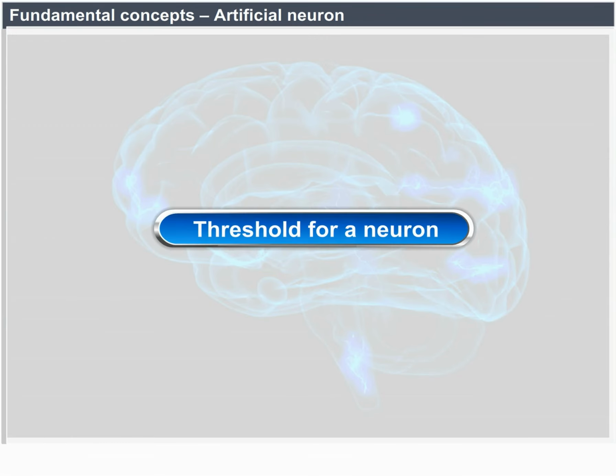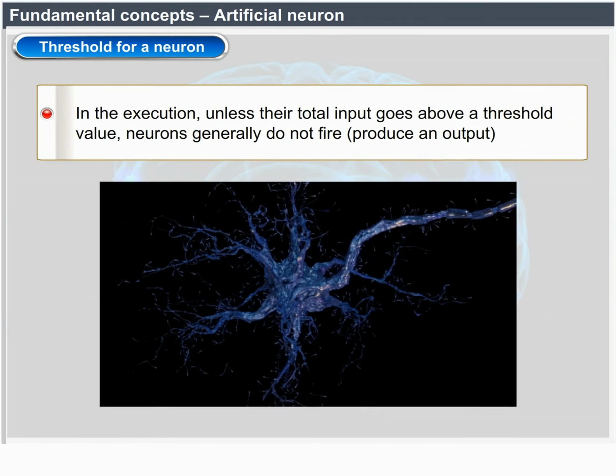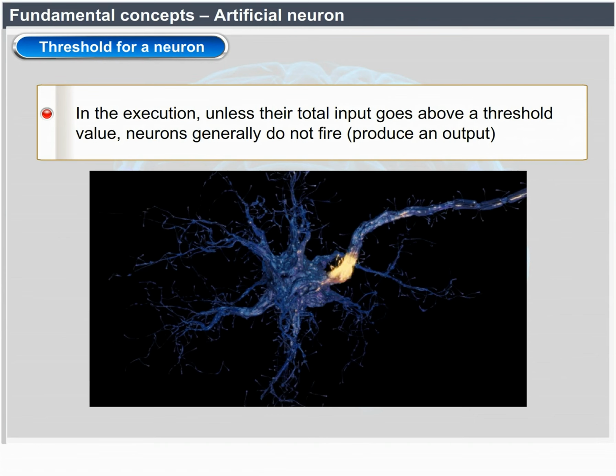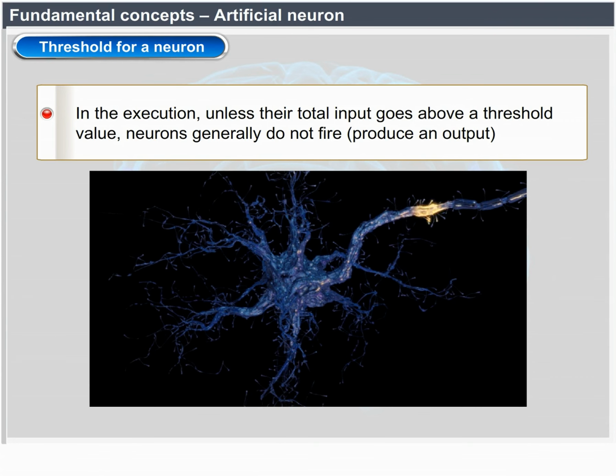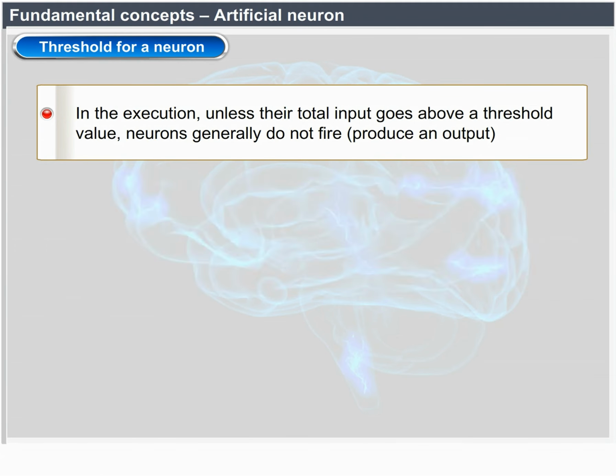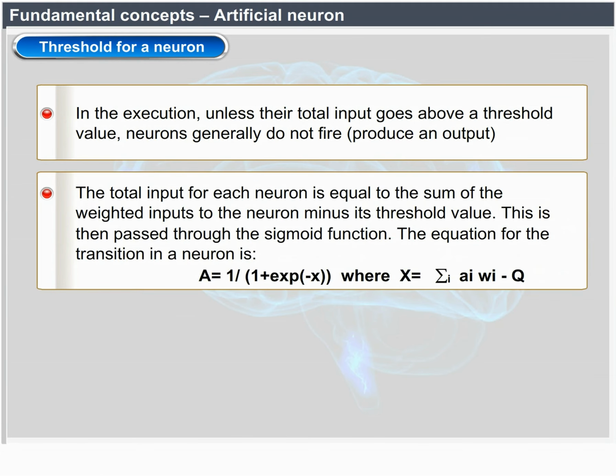Threshold for a neuron. In practice, neurons generally do not produce an output unless their total input goes above a threshold value. The total input of each neuron is the sum of the weighted inputs to the neuron minus its threshold value. This is then passed through the sigmoid function.